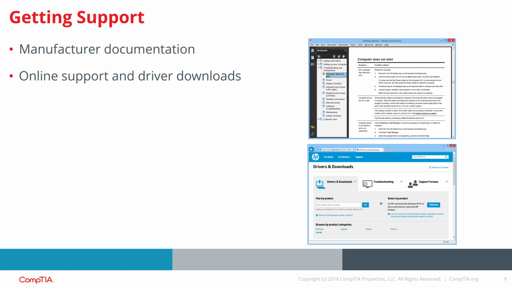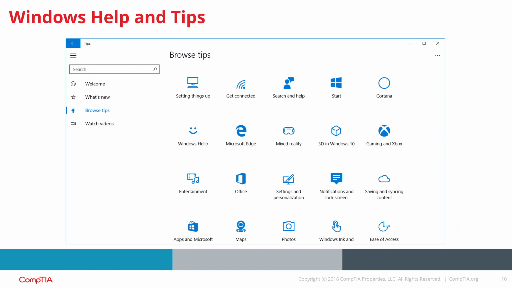Here's where you get steps: manufacturer documentation, getting support, online support and driver downloads, Windows help and tips here. As you can see, you can go to browse tips and they can give you a lot of information already.